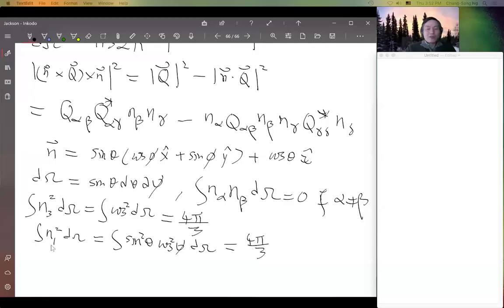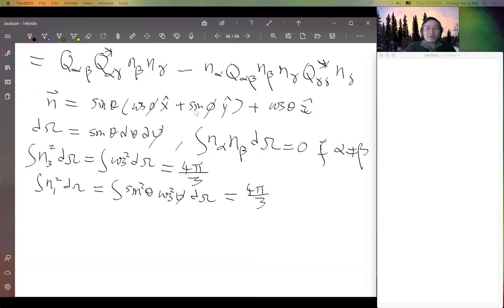And likewise, n2 squared will give you exactly the same. Because this one will give you just sine squared phi instead of cosine squared phi, but the integration over phi is still exactly the same.